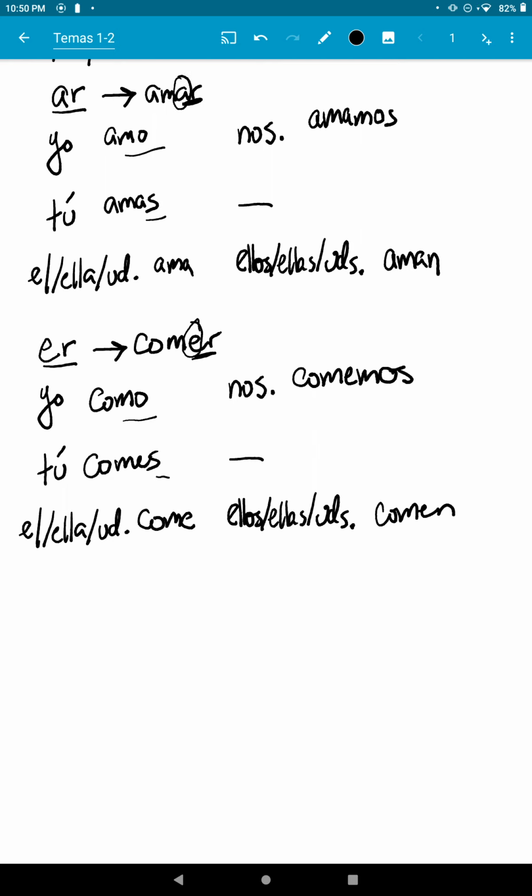And then at the end, you have just the identifying vowel. And then the amos or emos. So the mos is the same. And then you have your identifying vowel. And then again, you have the identifying vowel here and here, but it ends in N. So as you can see, they're fairly similar. They just have a little bit of difference with the identifying vowel.